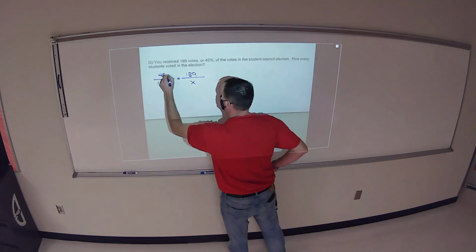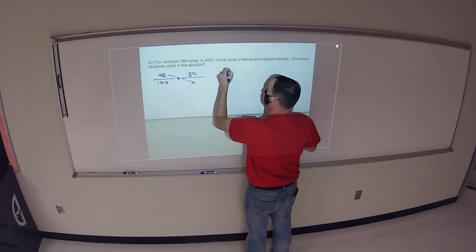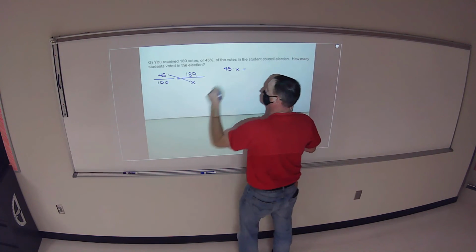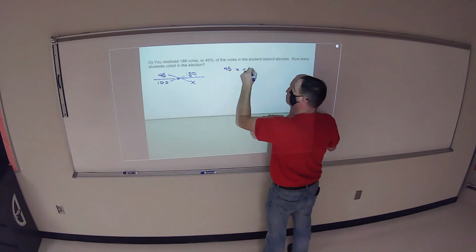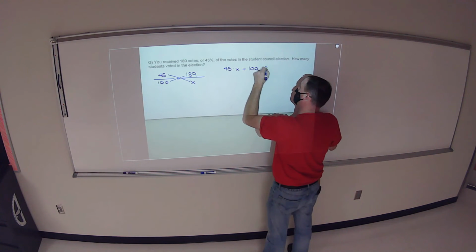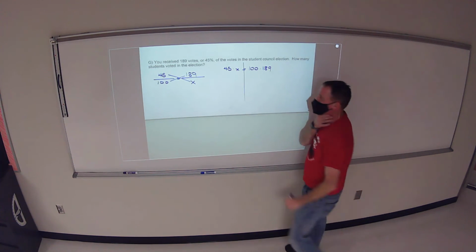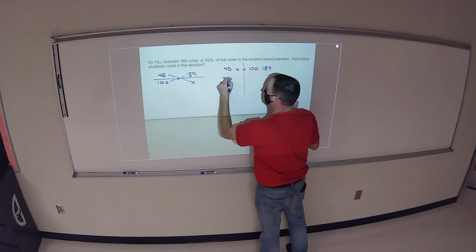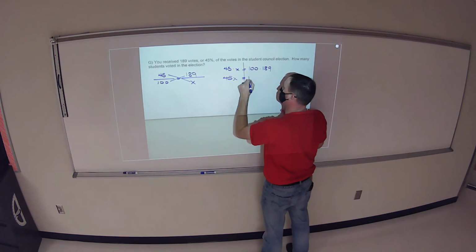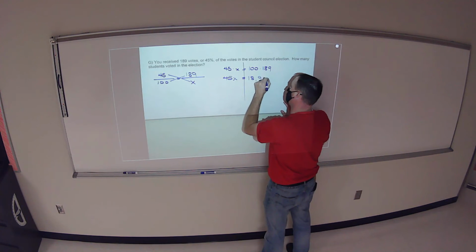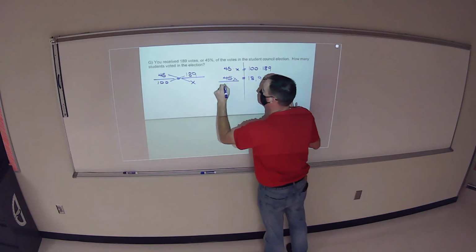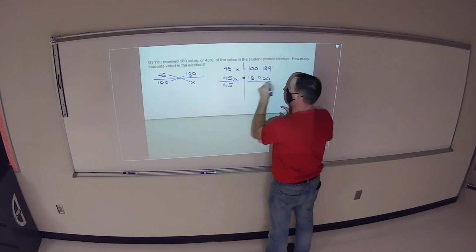My first cross product says I'm going to take 45 and multiply that by x. And my second cross product says I'm going to take 100 and multiply that by 189. And I'm going to solve this for x. So 45x equals 18,900. And then divide each side by 45.